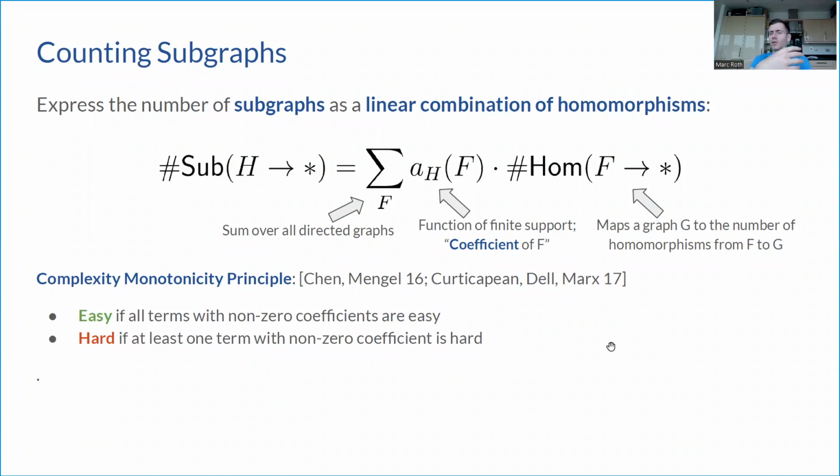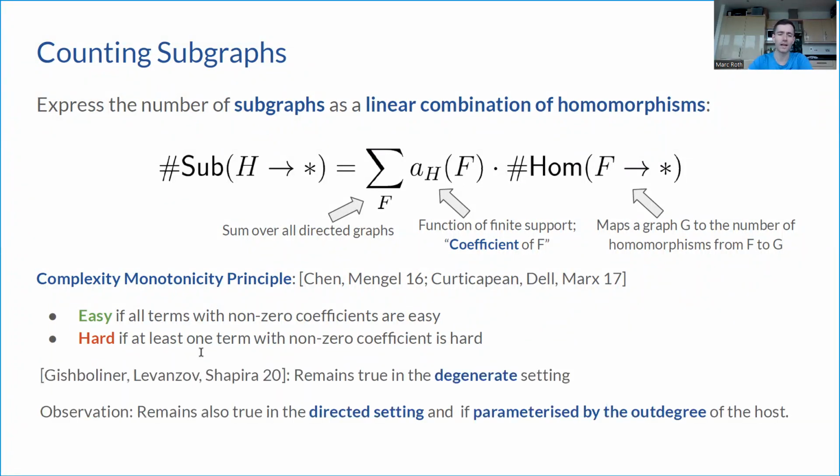So in this example, we don't have the property that the linear combination is hard if a term is hard. The very special property of homomorphisms is that we do have this nice property. It was observed by Görlach, Levantsov, and Shapiro that this principle remains true in the degenerate setting. And we show in this paper, with a quite easy proof, that even in the directed setting, and even if we parameterize by the out degree, this principle still remains true.